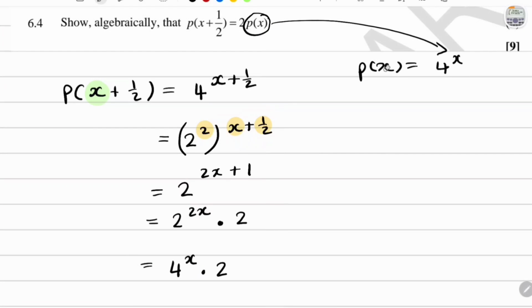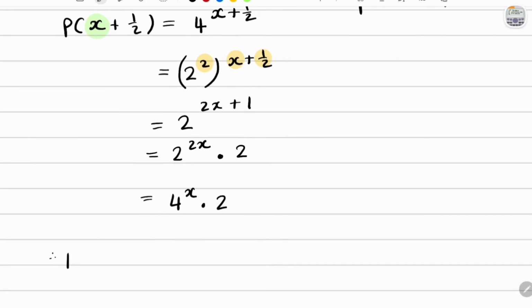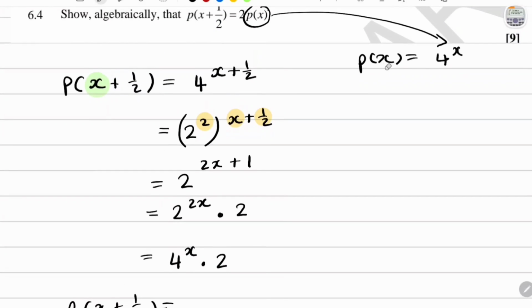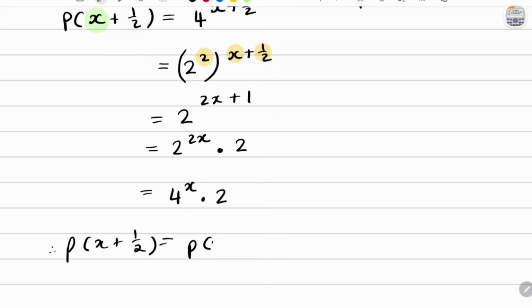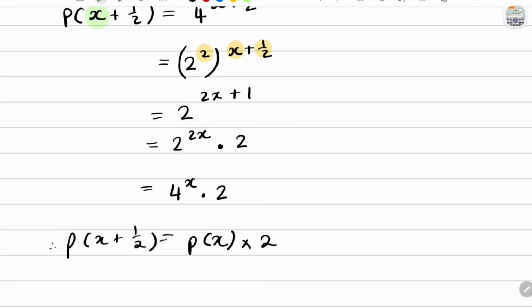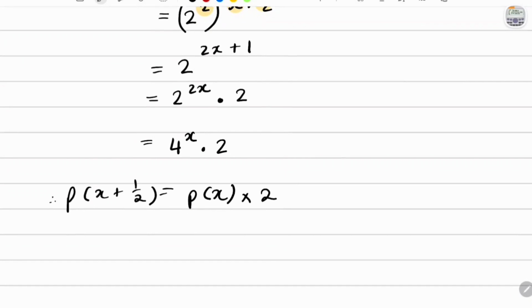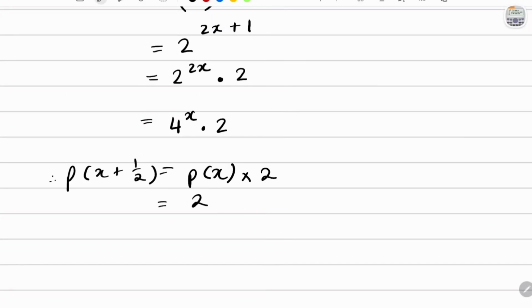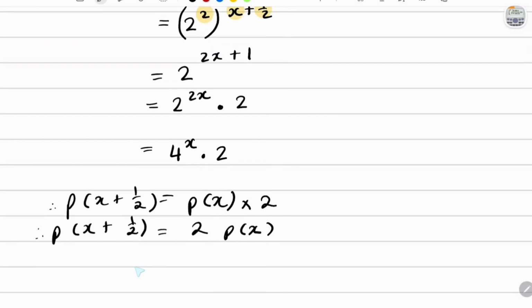We know 4 to the power of x is p of x. And so that therefore means that this p of x plus a half, I'm going to simplify 4 to the power of x. I know that that is p of x. That is actually p of x multiplied by 2. See, multiplied by 2. And so that is really just 2 p of x. So that's how we algebraically prove this equation.